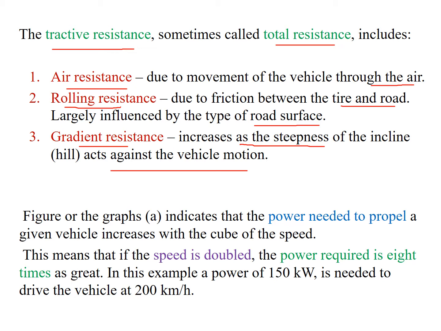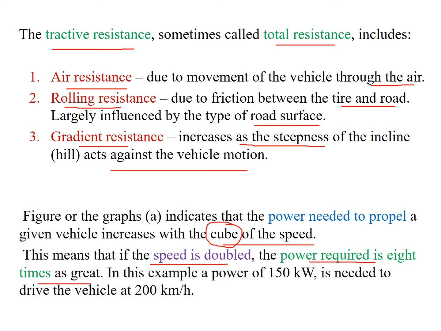Graph A indicates the power needed to propel a given vehicle, which increases with the cube of speed. This means that if the speed is doubled, the power required is 8 times as great, because it increases with the cube of the speed.